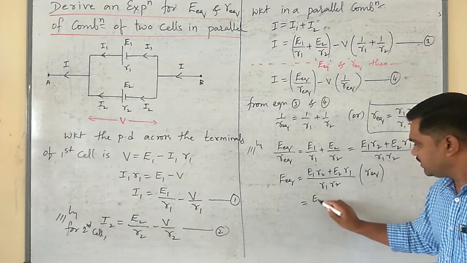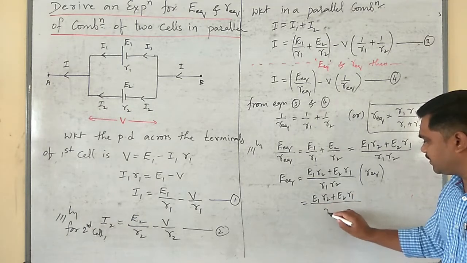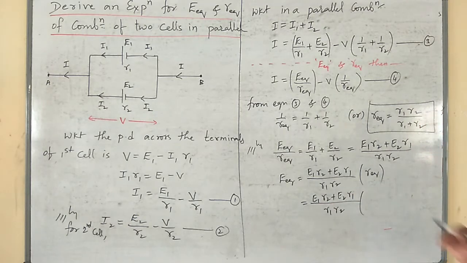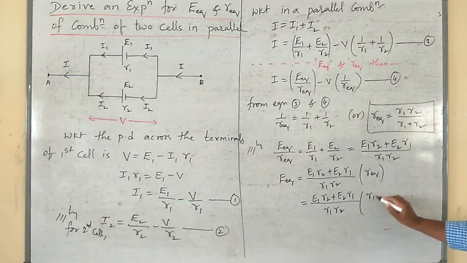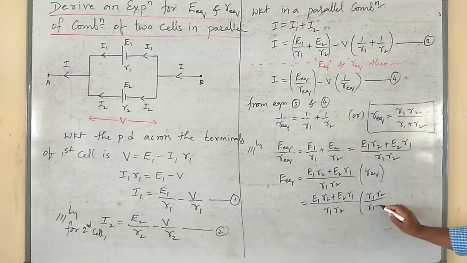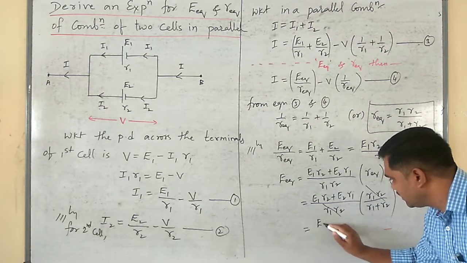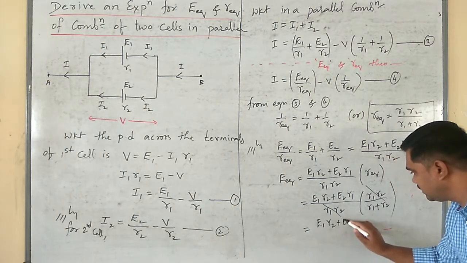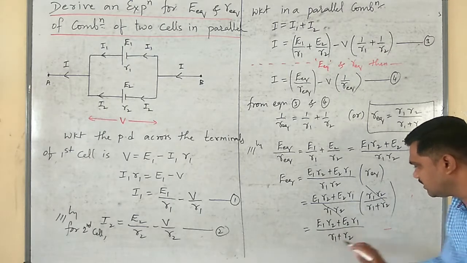The value of R equivalent is R1 R2 divided by R1 plus R2. Here we can cancel R1 R2, and the remaining thing is (E1 R2 plus E2 R1) divided by R1 plus R2.